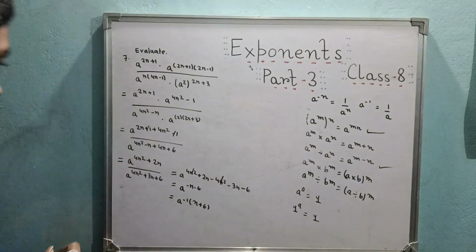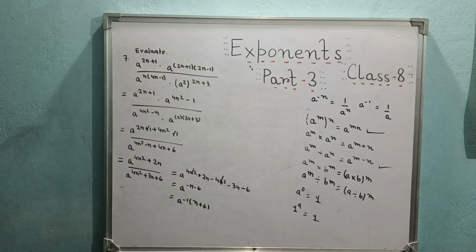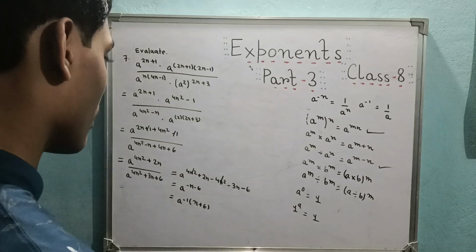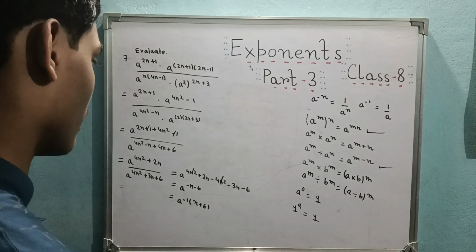Let's figure this out. Can be left out there only. Can I do that rule, a to the power minus 1 by a to the power n plus 6?